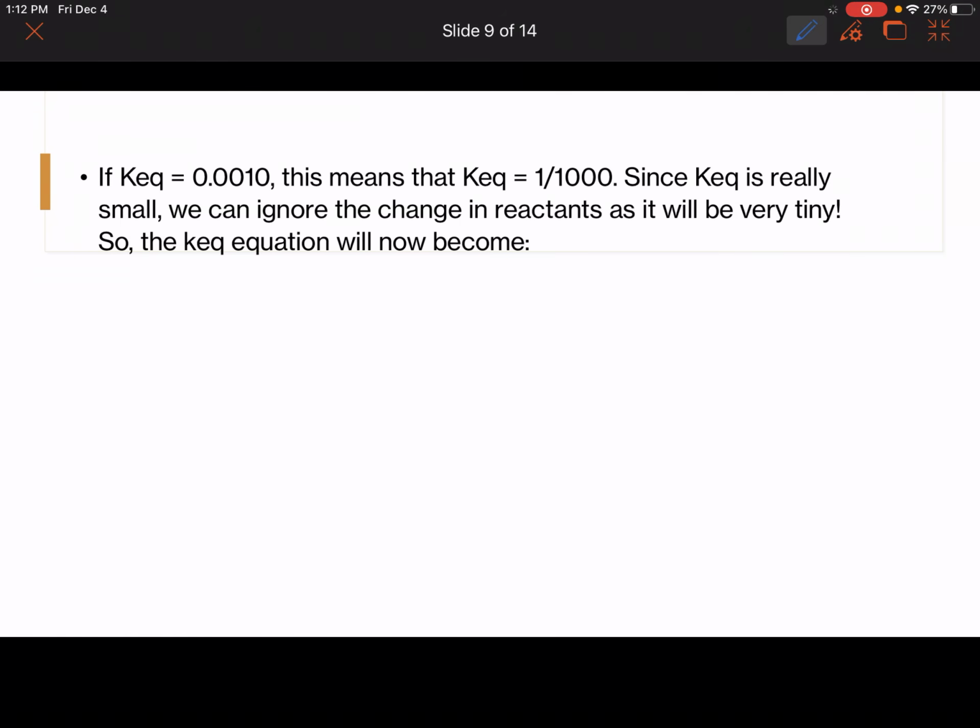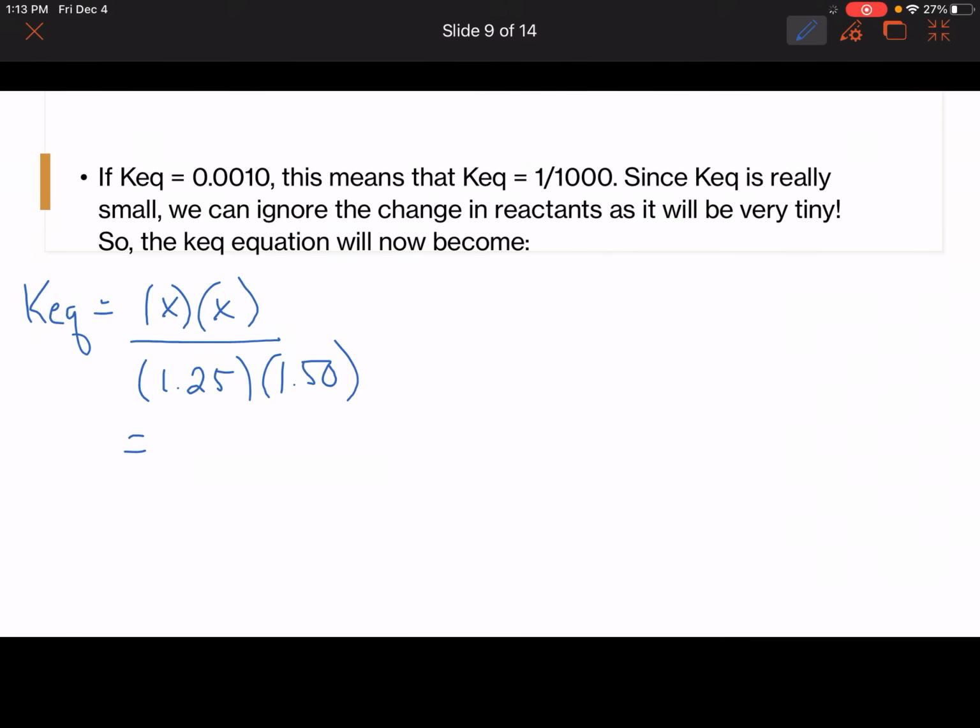So this means our KEQ expression is now going to become, I've still got x times x on the top. And on the bottom now, I've got 1.25 multiplied by 1.50. KEQ I know actually is 0.0010. And so x squared divided by 1.88.